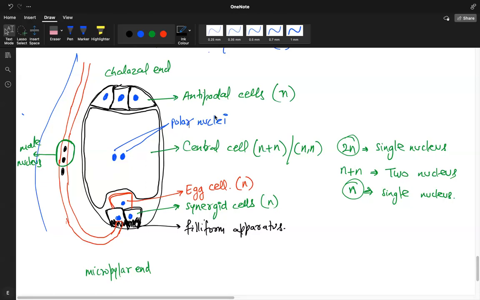So this question is very, very common: explain double fertilization and triple fusion in detail. Or what is double fertilization and triple fusion event? So no one will be confused from now onwards.